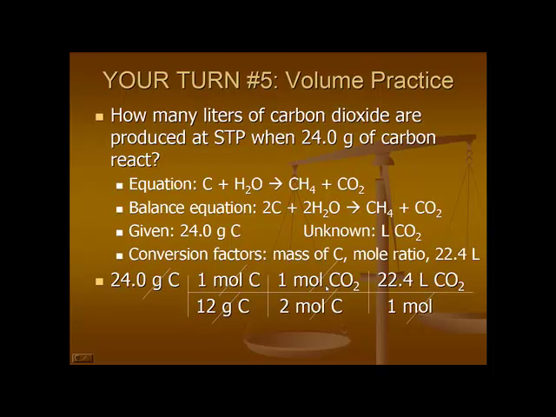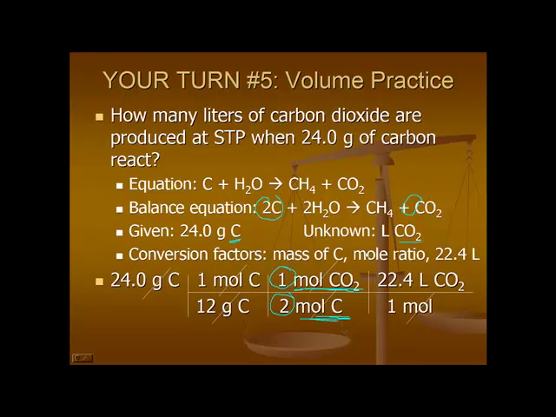Going from moles of carbon to moles of CO2, here's where I'm bridging from the one substance to the other. So moles of what I'm getting rid of on the bottom. Number comes from the coefficient in the equation. Moles of what I'm looking for is on the top. Again, number comes from the coefficient in the balanced equation.